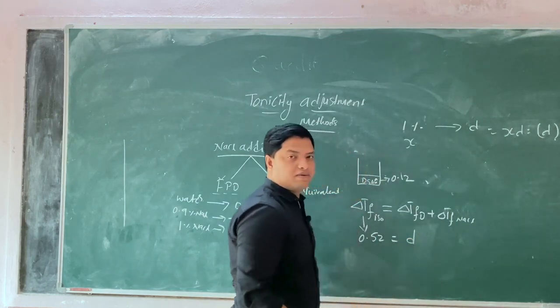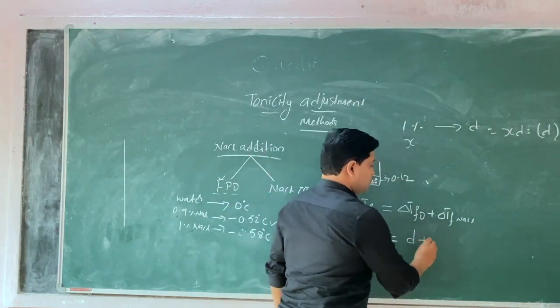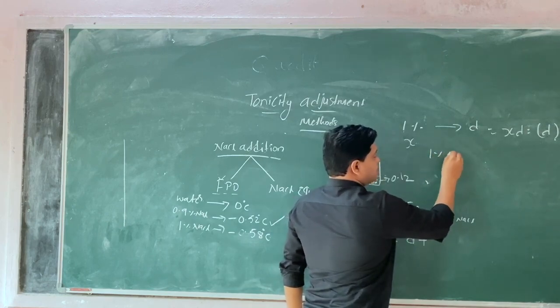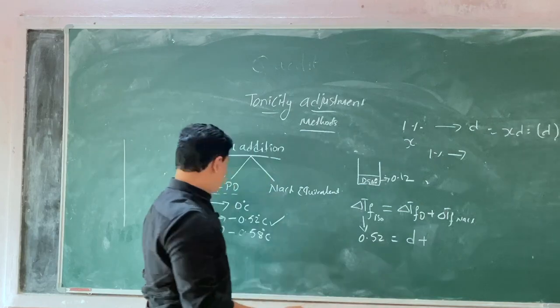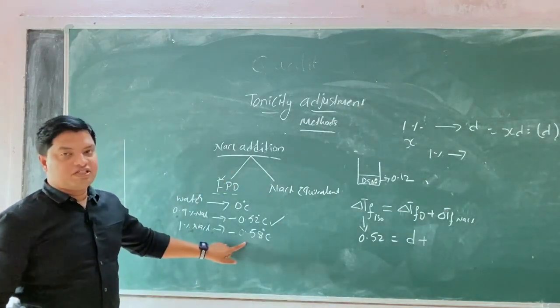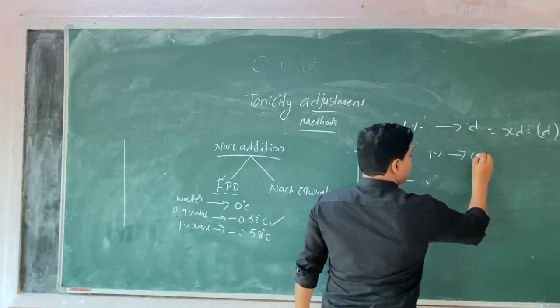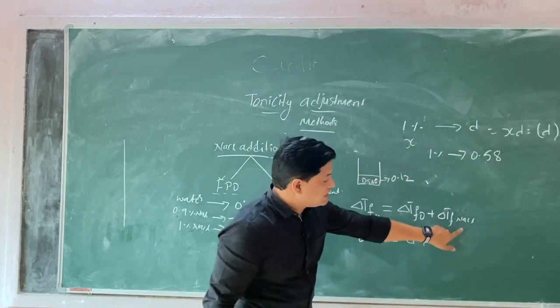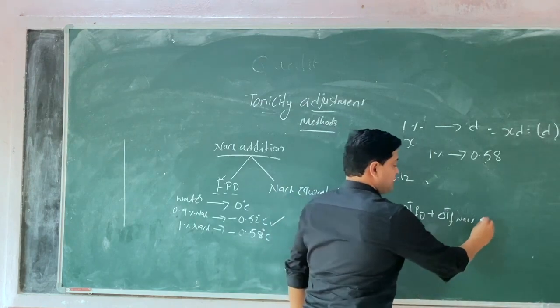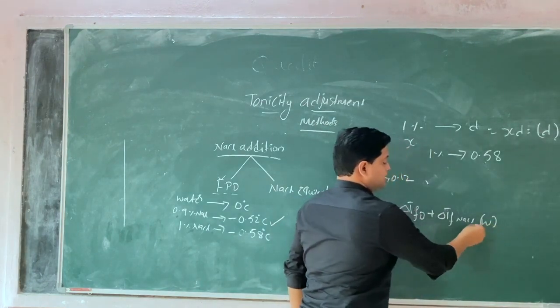d indicates drug. Plus, again 1% of NaCl has a freezing point depression of how much? I already taught you 1% of NaCl has a freezing point depression of 0.58. We don't know how much NaCl we need to add. Assume W amount of NaCl is added.